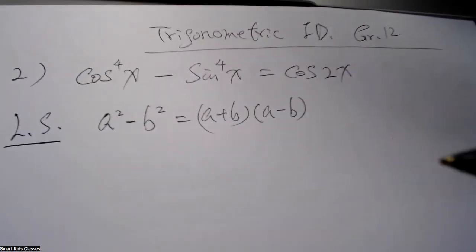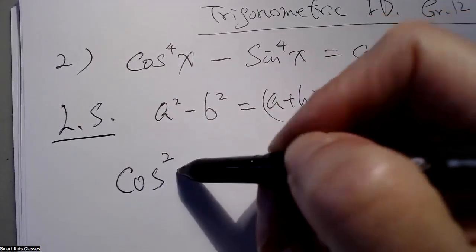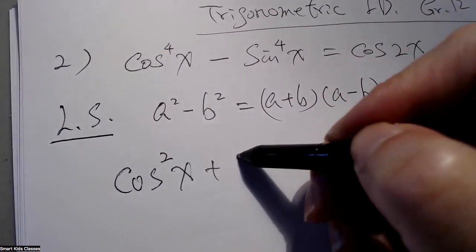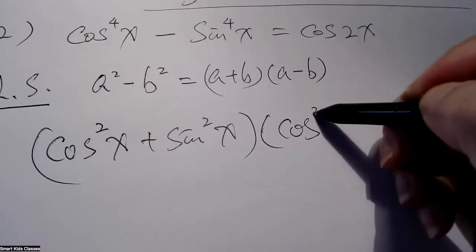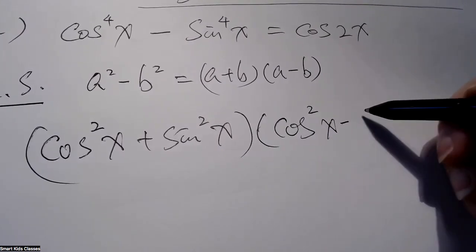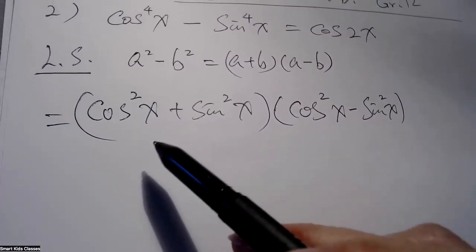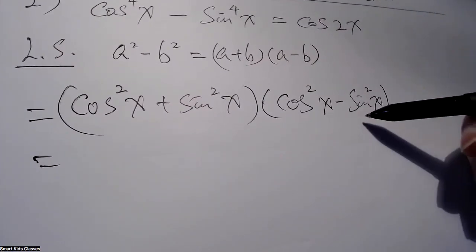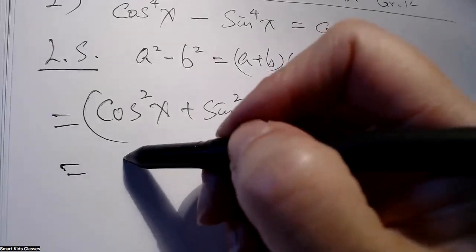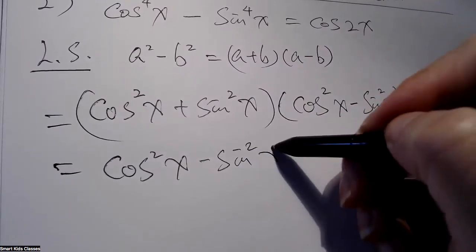We make this into a square, so it's cosine exponent 2x plus sine exponent 2x times cosine exponent 2x minus sine exponent 2x. The first bracket is equal to 1. Therefore, 1 times cosine square x minus sine square x. The answer is cosine square x minus sine square x.